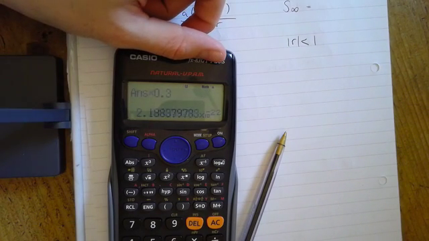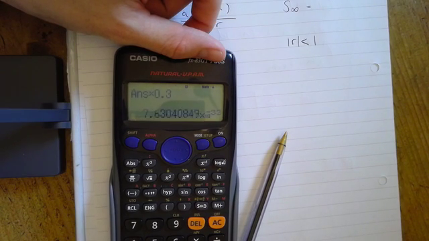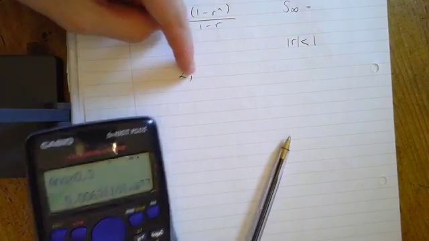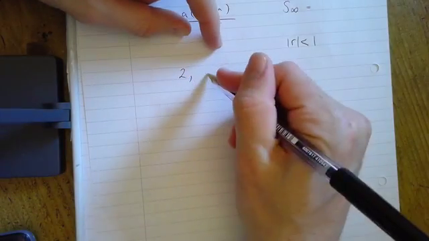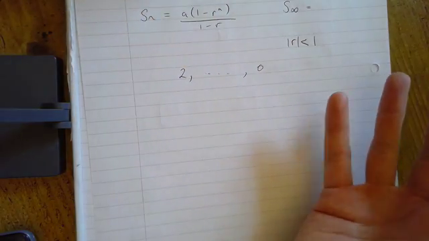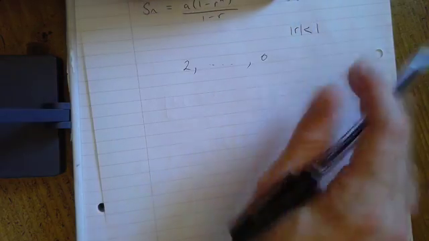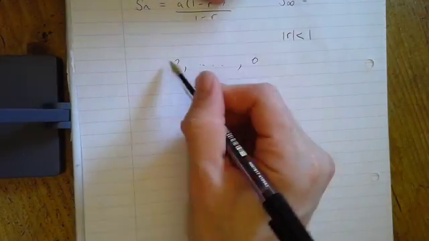If I was sad enough to keep pressing equals for a long time, it would go to 0. So when you add up all those numbers, it will just be a number. That's what it means when it says S to infinity: the terms eventually end up being 0.